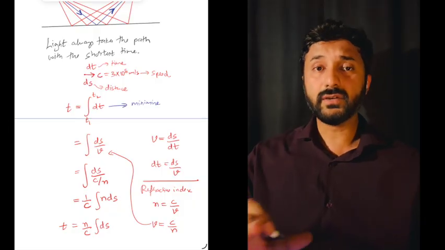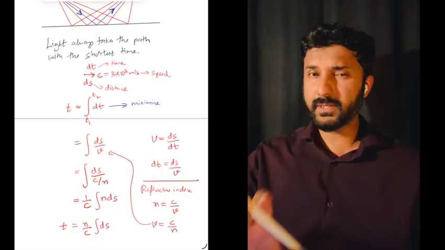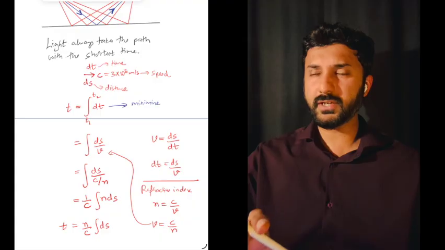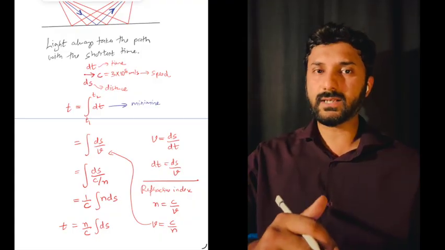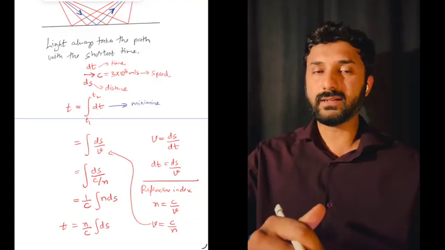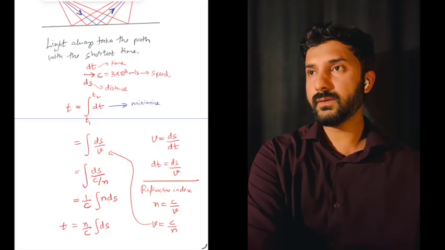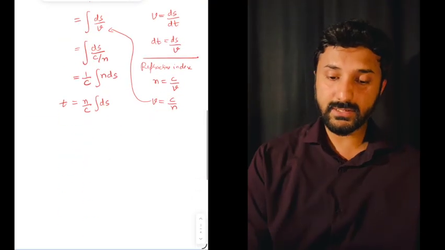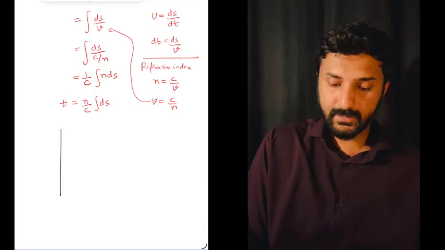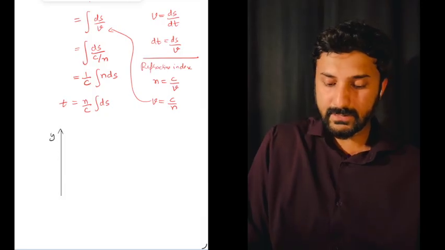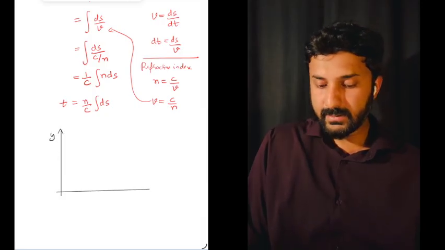For that, we need to set up our problem a bit more precisely. We have to be very sure which way light is coming in from, where it is hitting the mirror, and which way it is going to go. And to do that, let us consider a coordinate system. Let us introduce a y-axis and an x-axis.